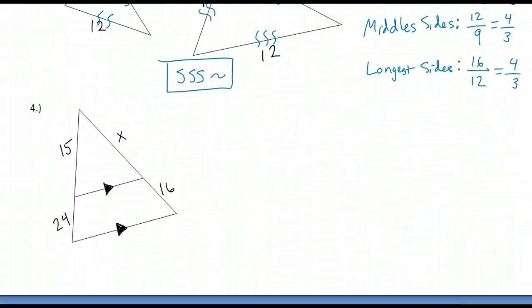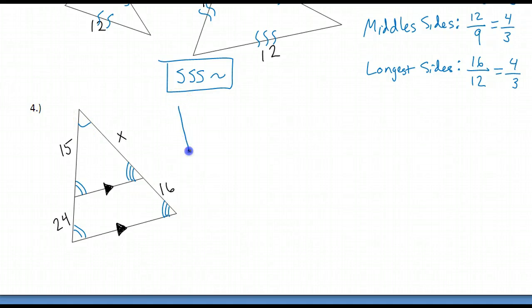And the last example. We do have parallel segments, which means we do have congruent angles. And these two triangles share an angle.